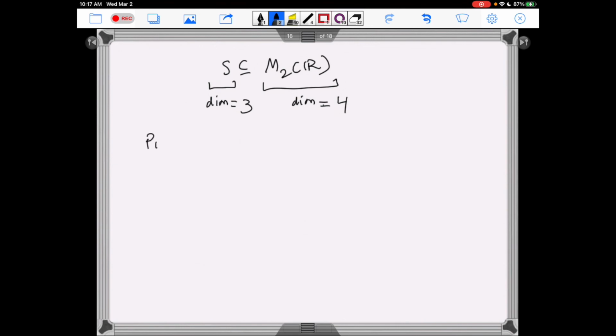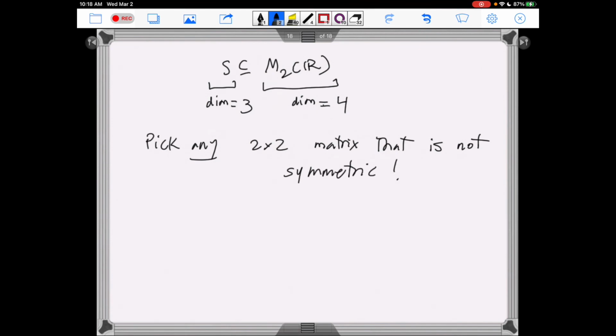But this is easy, right? We can just choose any 2 by 2 matrix that is not symmetric. It doesn't matter which one we pick. Any one will work. Okay? So, which one do we pick?